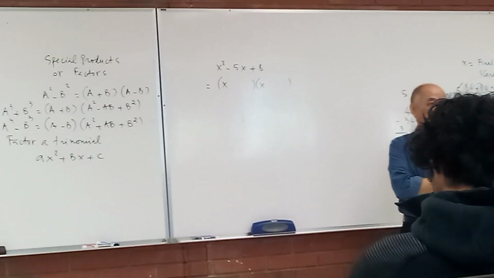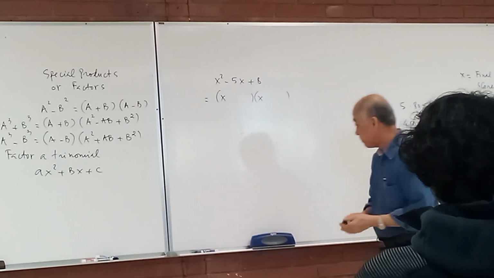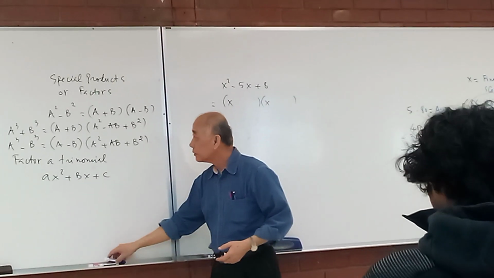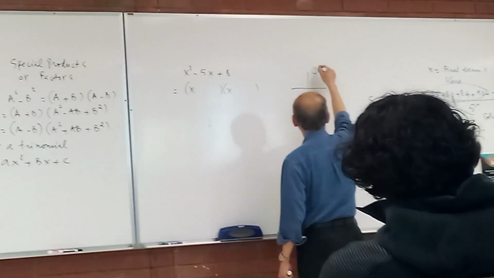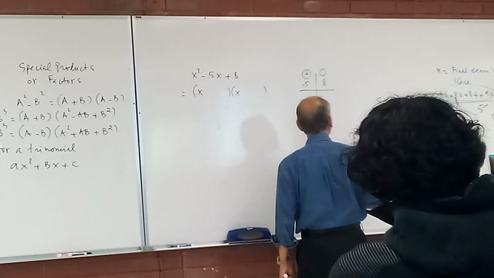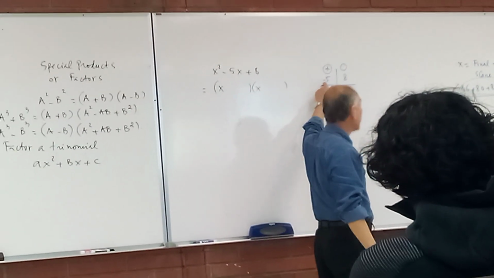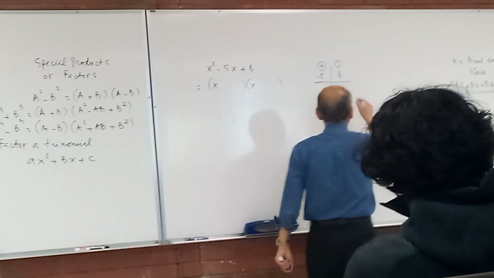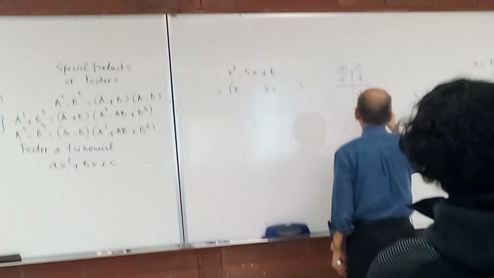Anyone? Such that the product of the two numbers equals 8 and the sum equals -5. Are we able to find the two numbers? Now, these are negative, so you want to focus on the negative numbers. -1, -8, -2, -4.